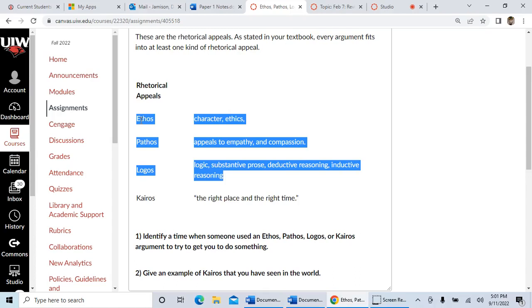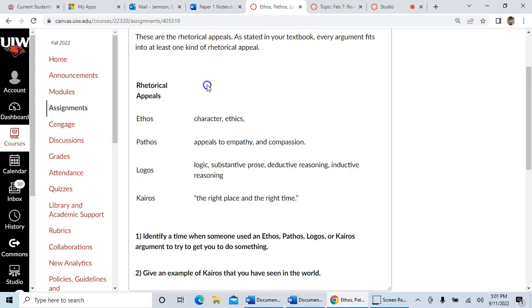Different ways to make an argument, and what makes them effective arguments. So, an appeal to ethos is an argument that appeals to some kind of authority and says, that is why I'm right.